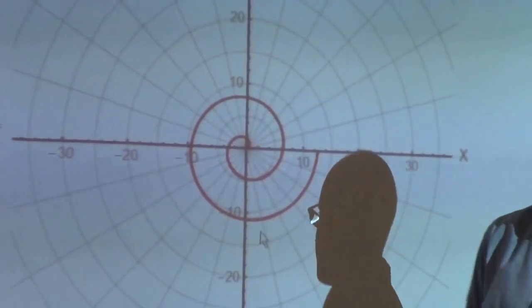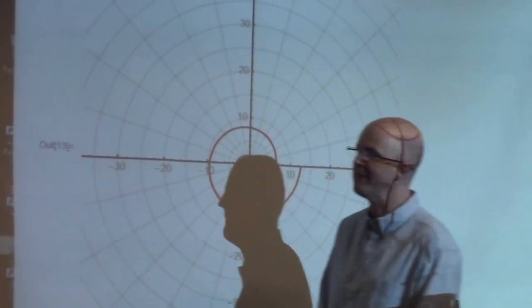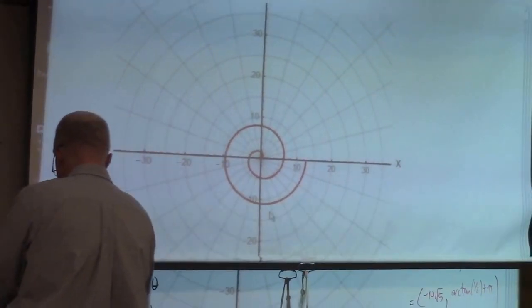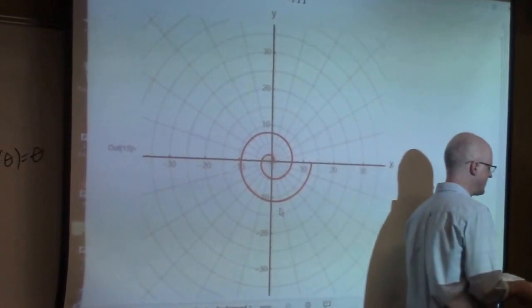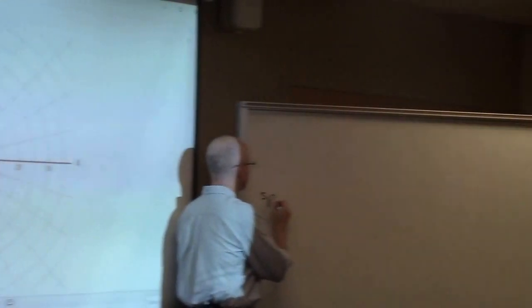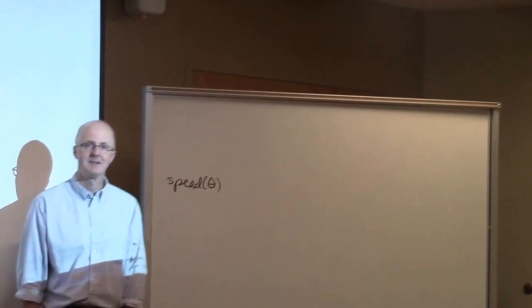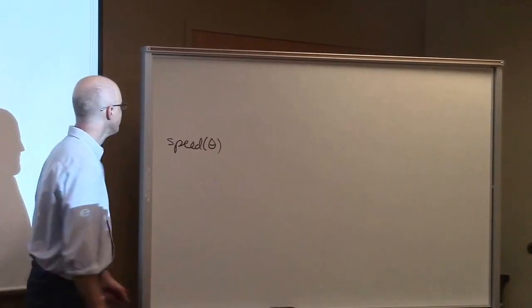What's the arc length of that? Well, again, you could imagine theta to be time if you wanted to. And if you do imagine theta to be time, you could even consider the speed as a function of theta, if you like. This is all just however you want to think about it.